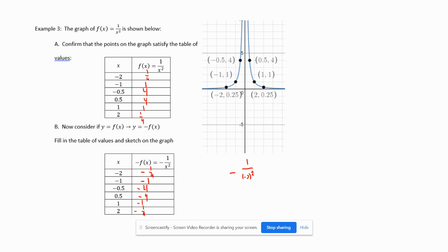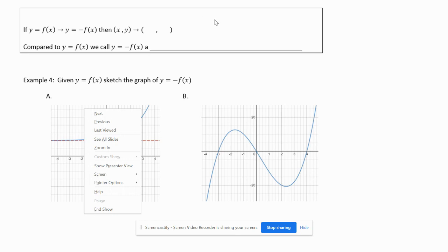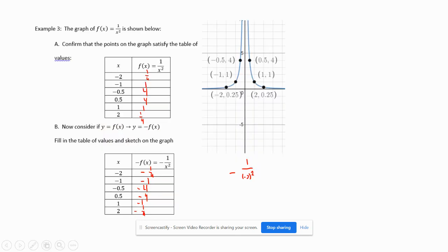So when I'm graphing this guy over here, this point, -2, positive 0.25 becomes, sorry, let me back up. -2, 1/4 becomes -2, -1/4. So this guy gets reflected down here. This point, -1, 1 becomes -1, -1 here.